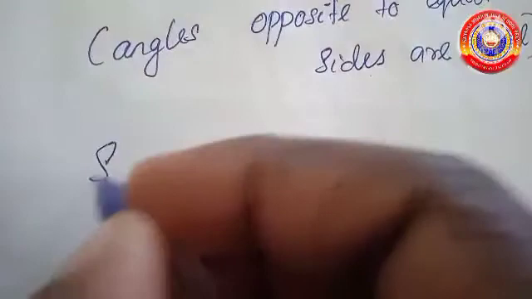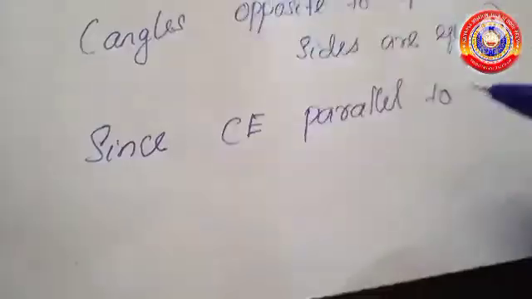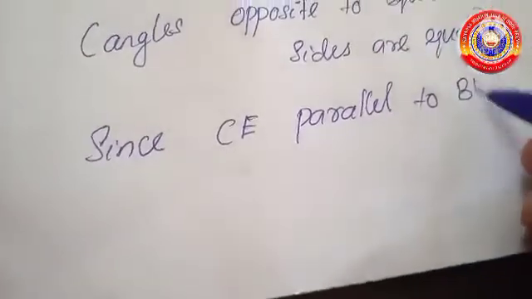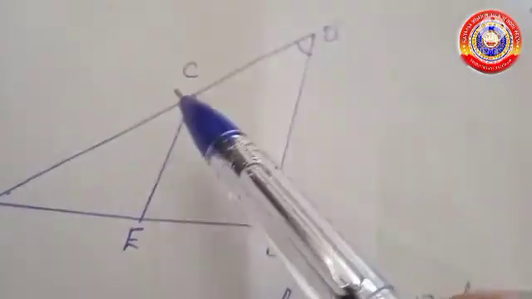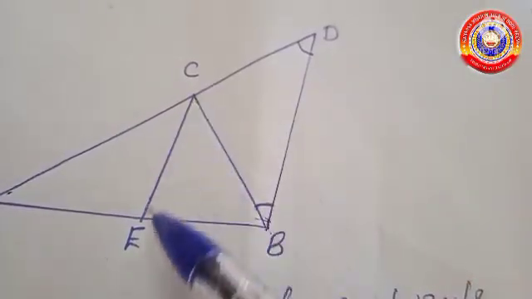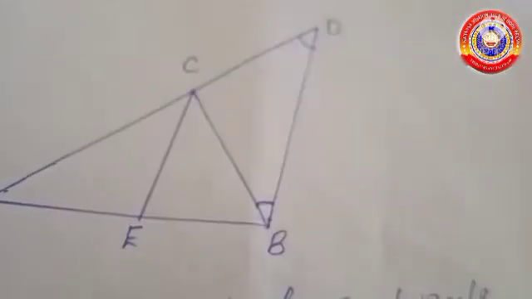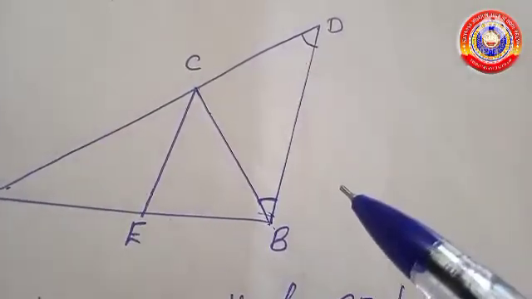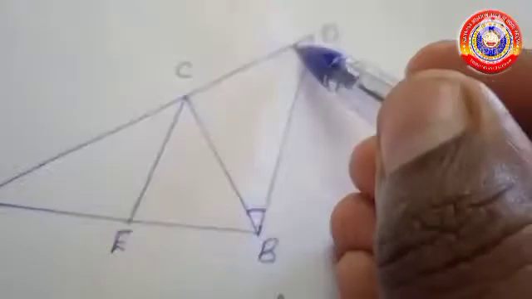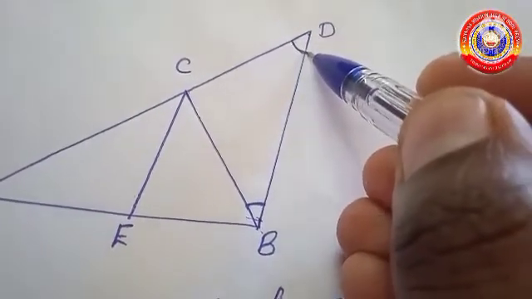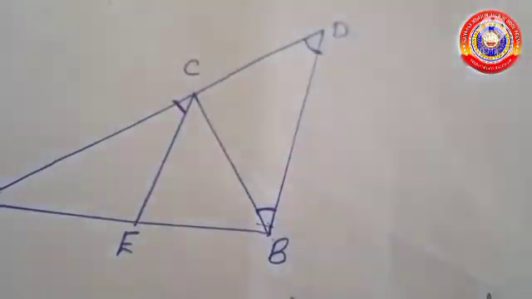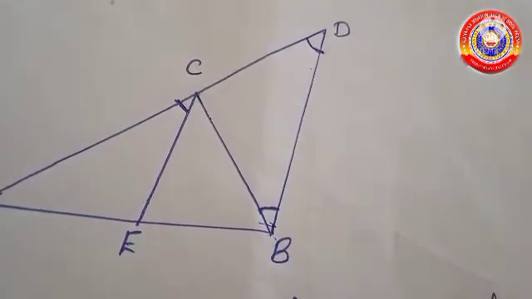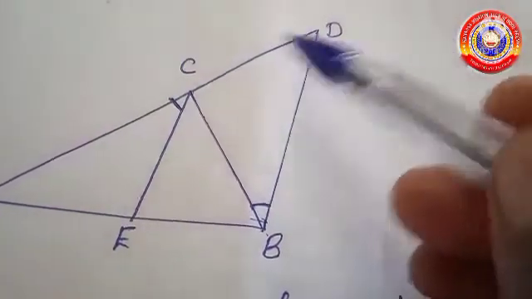Since CE is parallel to BD, by using the property of parallel lines, we have angle CDB equals angle ACE because they are corresponding angles.